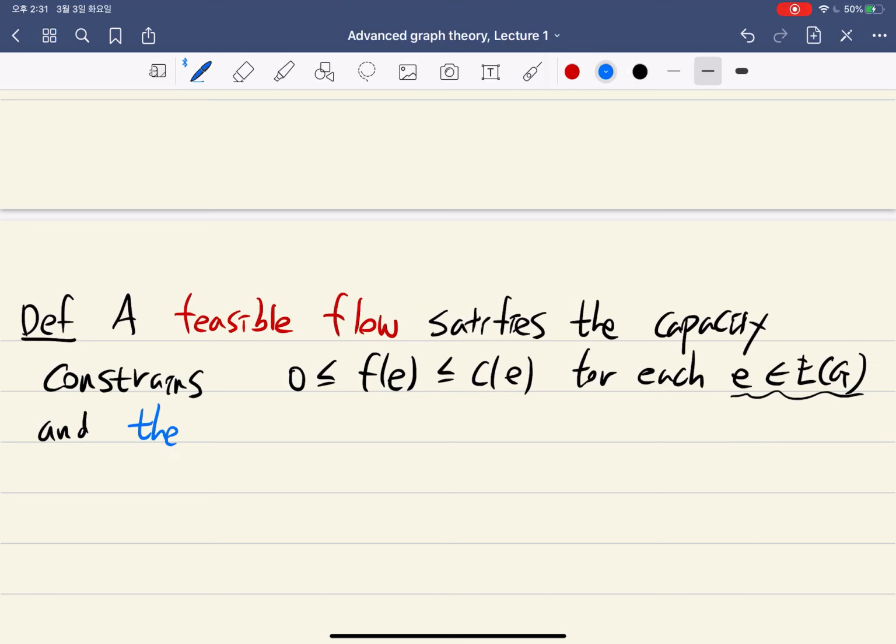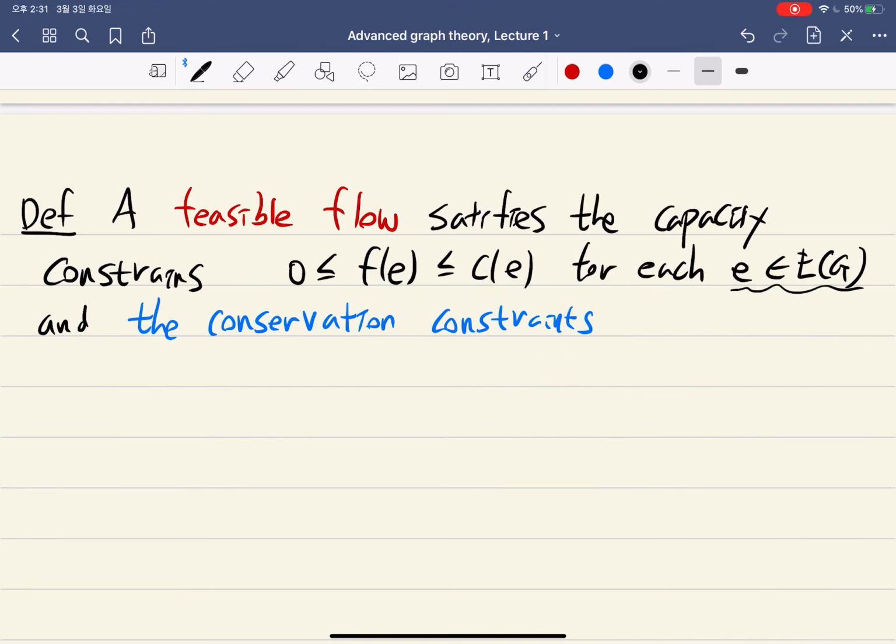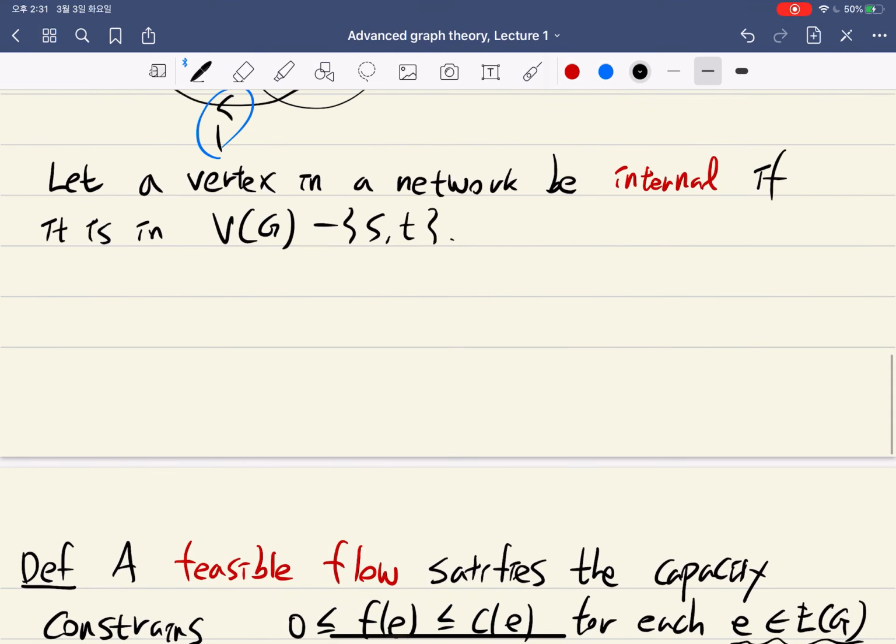And the conservation constraint, which means, for one vertex, for one vertex case, we write f plus of v for a vertex is the same as f plus of the one vertex set v.